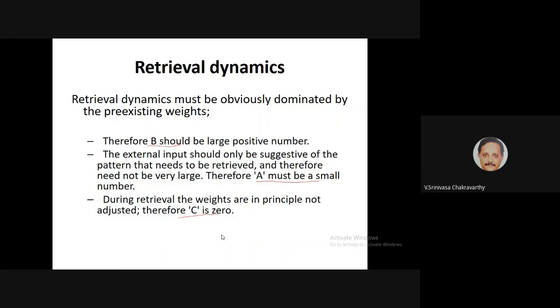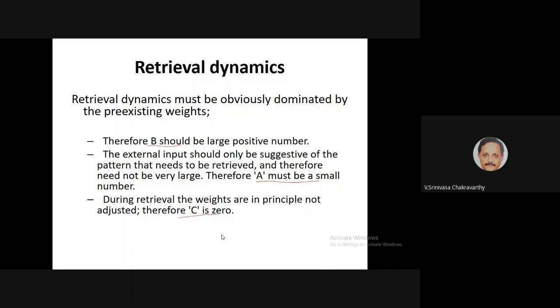Similarly, in the retrieval stage, the external input should not be very important. It should be simply acting like a cue. So the external input weightage must be small, and you already have the information about the patterns in the weights. During retrieval, the lateral connections should become more important, so B should be high.